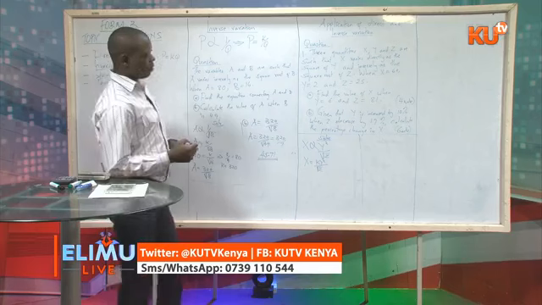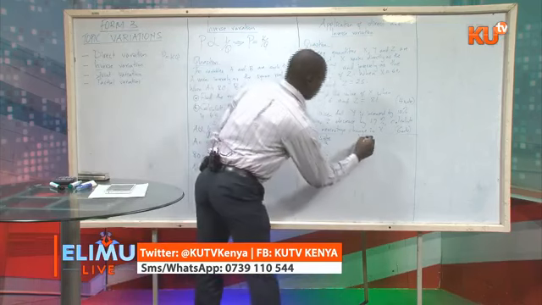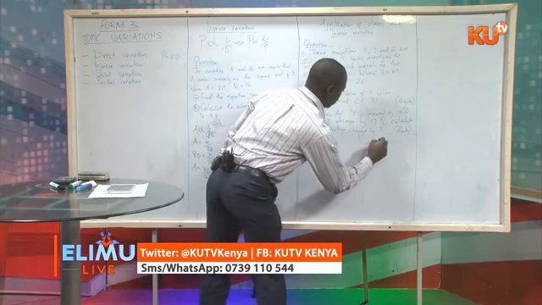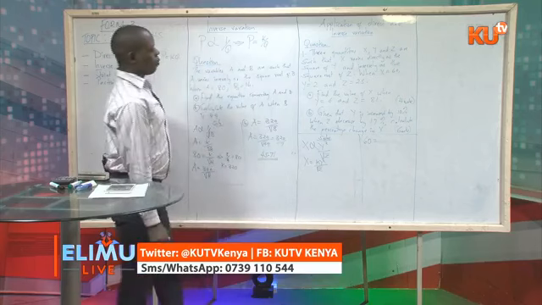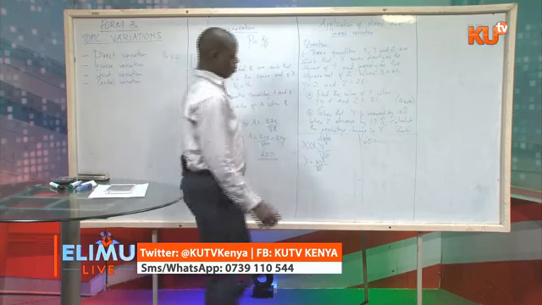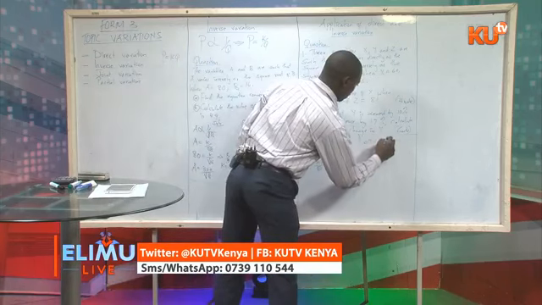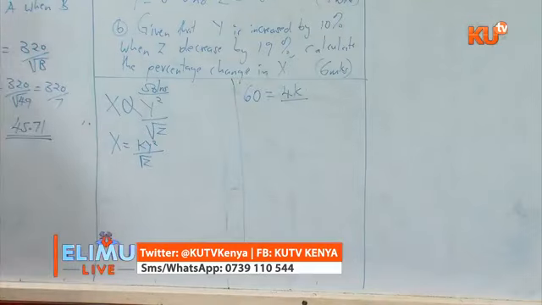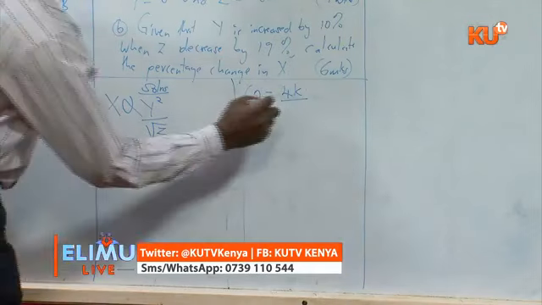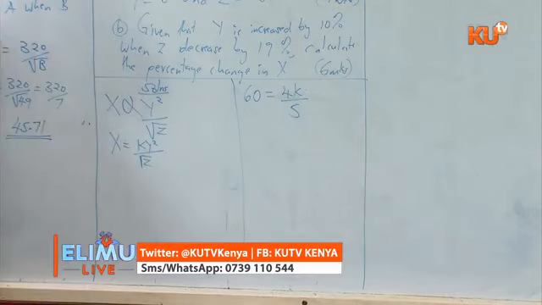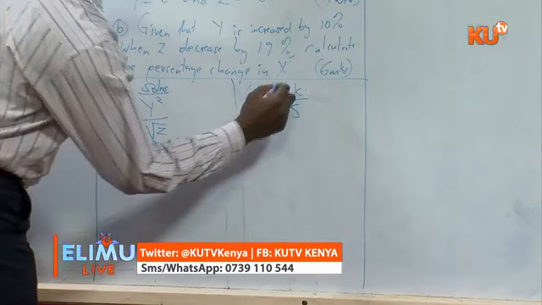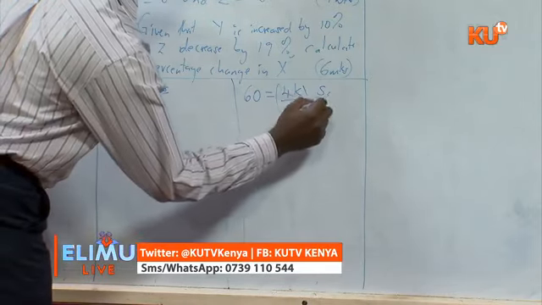Now we replace in the values. We are told that x is 60, so we'll have 60 equals k times y, which is 2, so 2 squared, that is 4, and z is 25, square root of 25, that is 5. To get k, we multiply by 5 over 4.